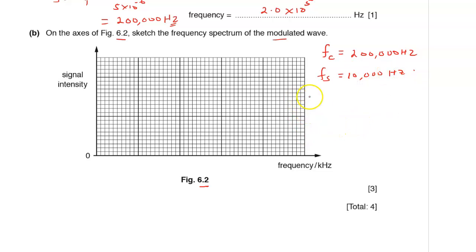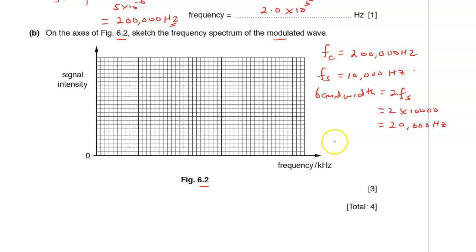So we want to find the bandwidth. The bandwidth is equal to 2 times the frequency of the signal, which is 2 times 10,000, so the bandwidth is 20,000 hertz.